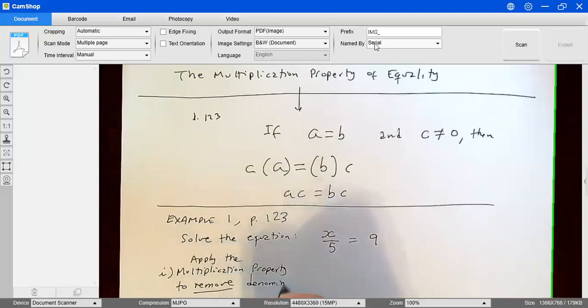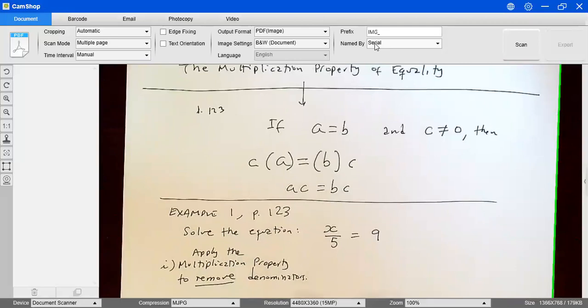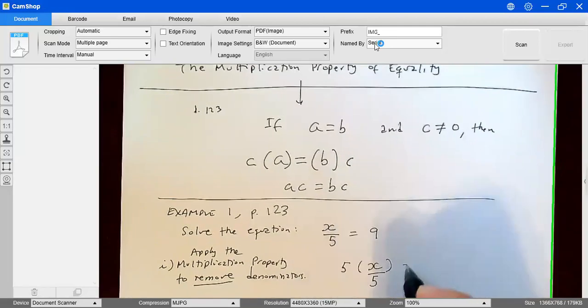This is important. If your equation has denominators, the first property to be applied is the multiplication property. So you multiply by the denominator that you want to get rid of. I want to remove 5, then I need to multiply by 5. So that's the rule. If you have a denominator and you want to remove it, then multiply by that denominator both the left-hand side and the right-hand side.